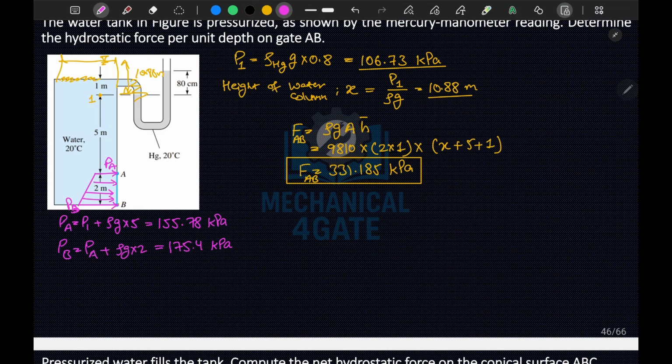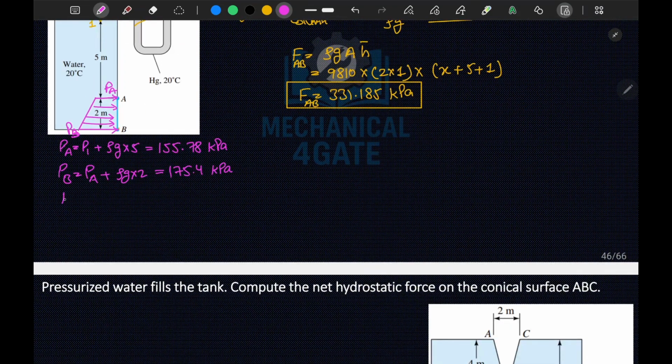Now if I want to calculate F, it is the volume of the prism, which is area into depth. The area is half into the sum of parallel sides, PA plus PB, into the height, that is 2 meters, into depth, 1 meter.